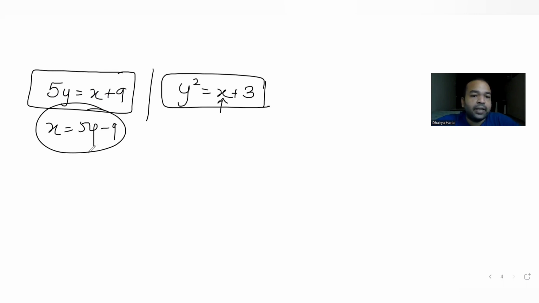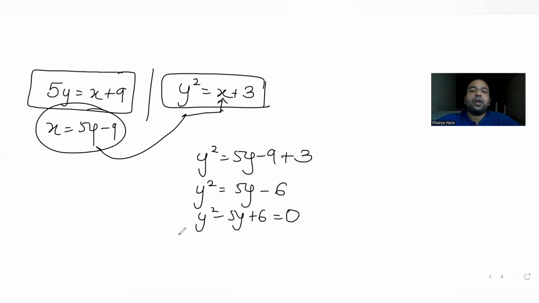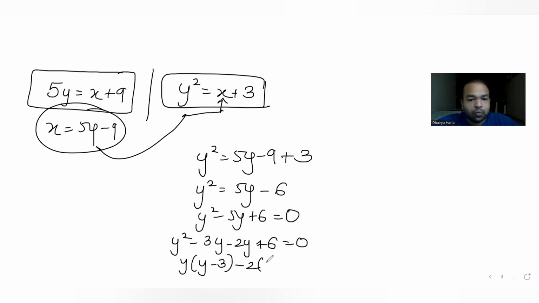If you substitute, you get y square as 5y minus 9 plus 3. So y square becomes 5y minus 6. So y square minus 5y plus 6 is equal to 0. If you try to solve this quadratic, you get y square minus 3y minus 2y plus 6 equal to 0. Taking common, y minus 3 into y minus 2.